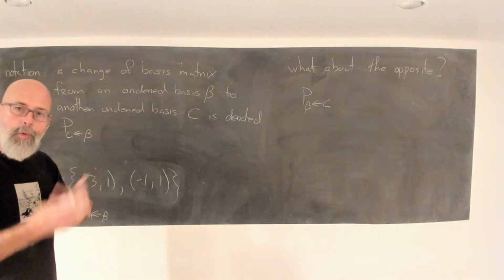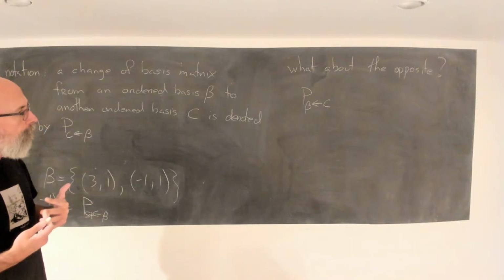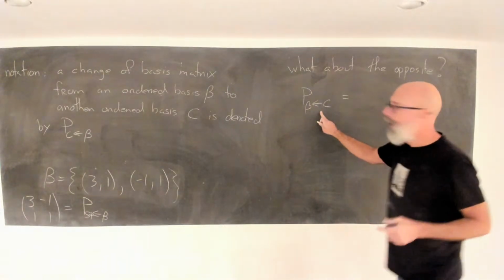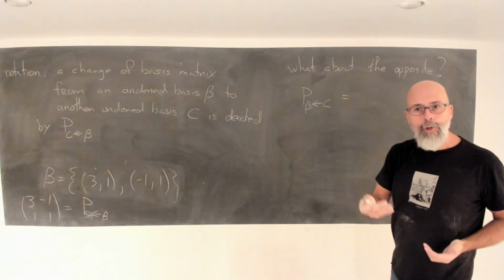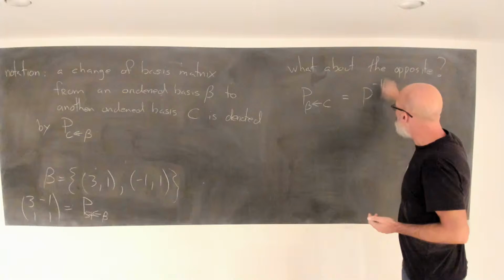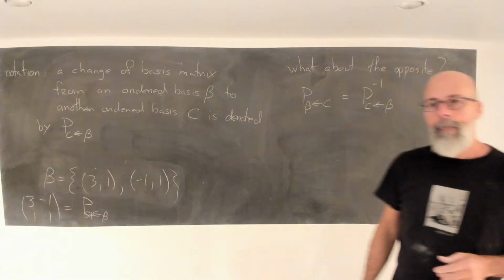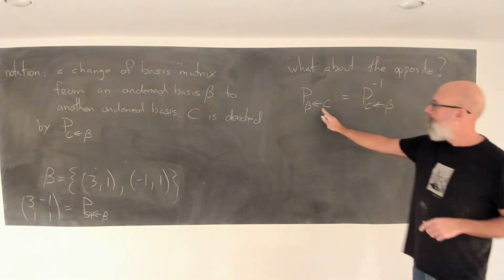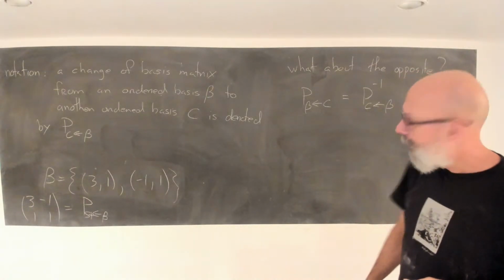In that case, you'd just be doing the opposite of what you were doing before, the inverse operation. That is the inverse of B to C. So the inverse matrix, exactly that.